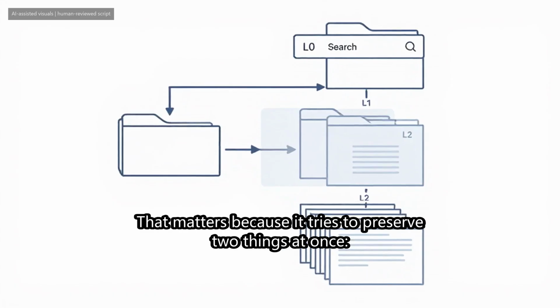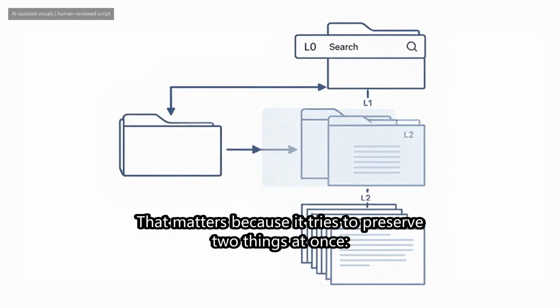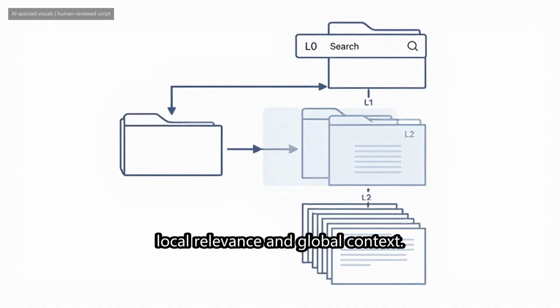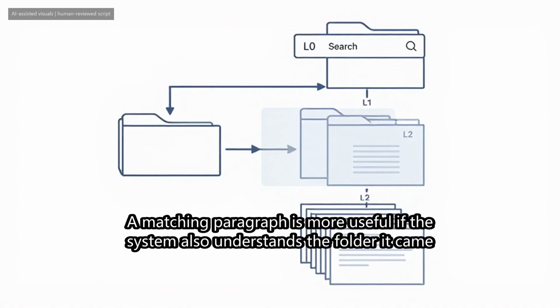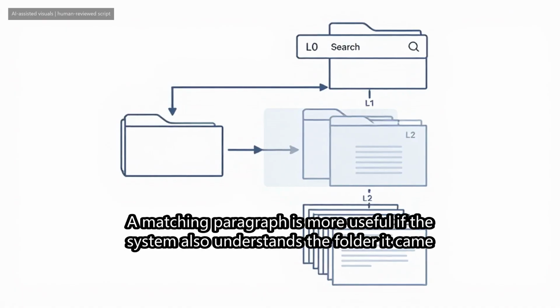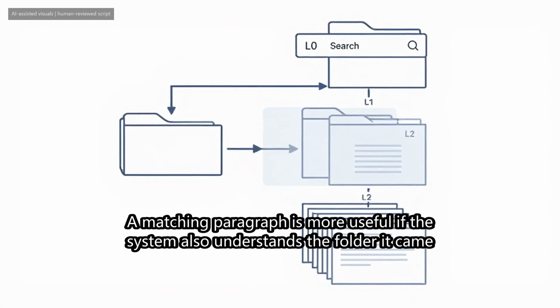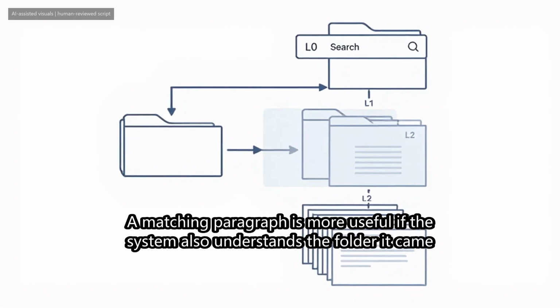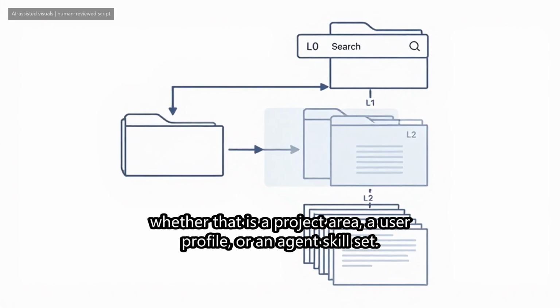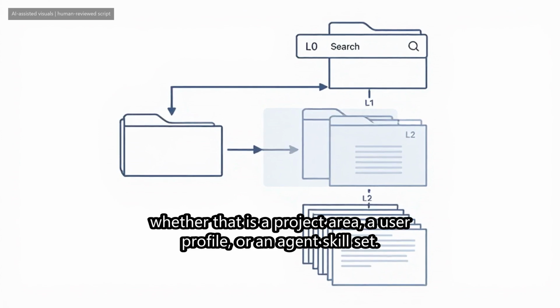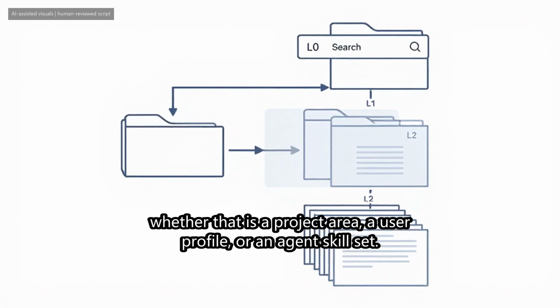That matters because it tries to preserve two things at once: local relevance and global context. A matching paragraph is more useful if the system also understands the folder it came from, whether that is a project area, a user profile, or an agent skill set.